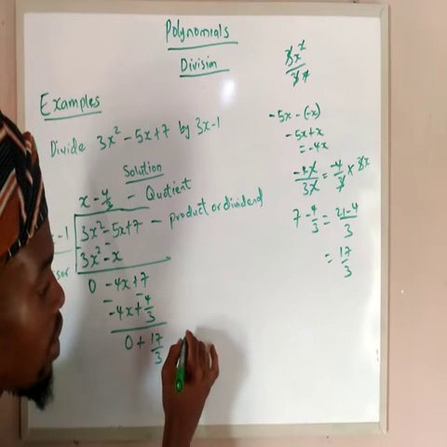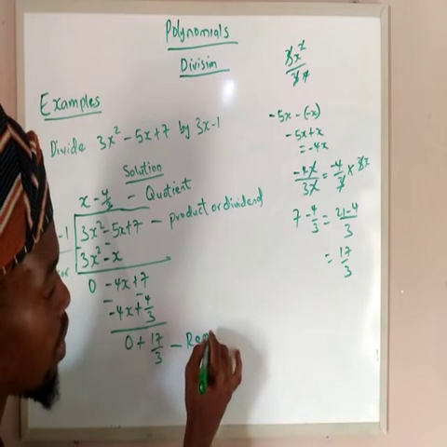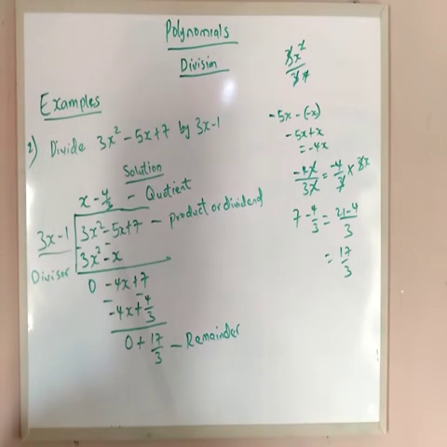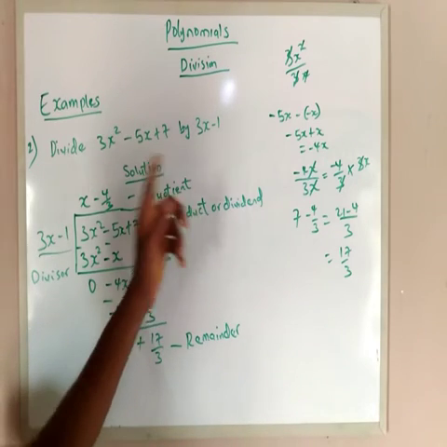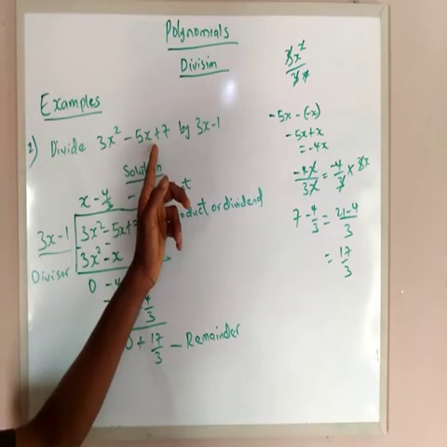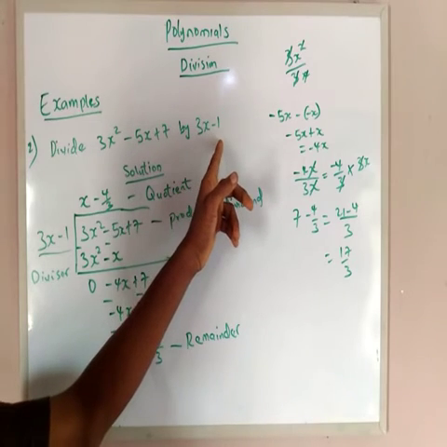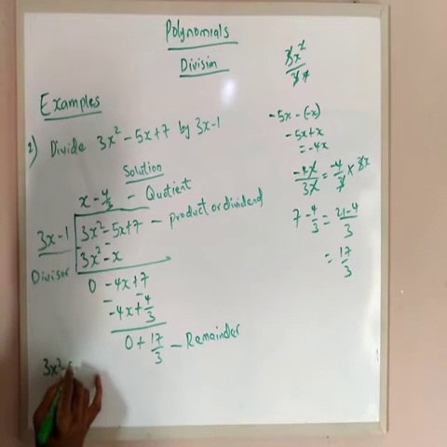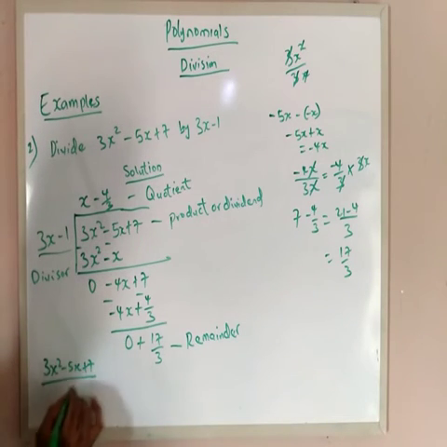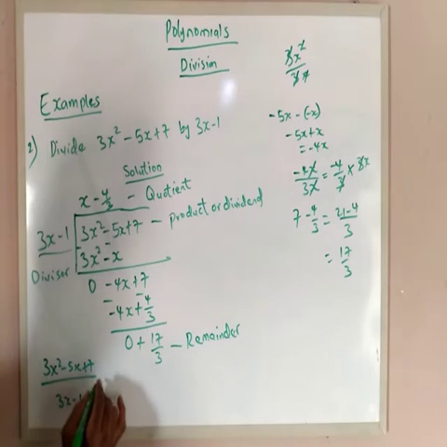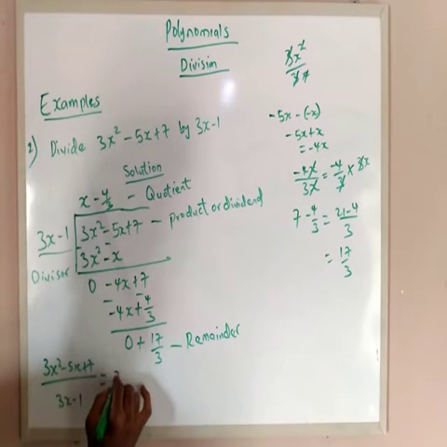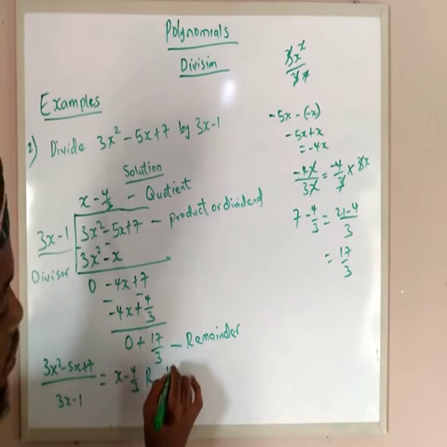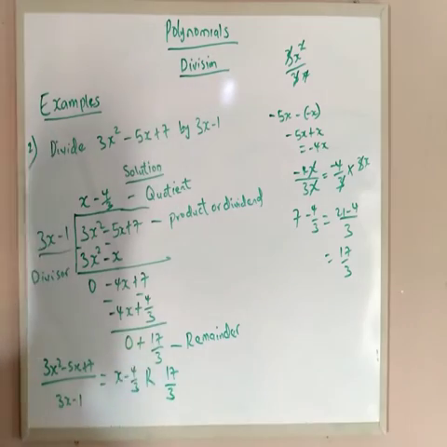Now, this is called our remainder. So when we divide 3x squared minus 5x plus 7 by 3x minus 1, our answer will be x minus 4 over 3, remainder 17 over 3.